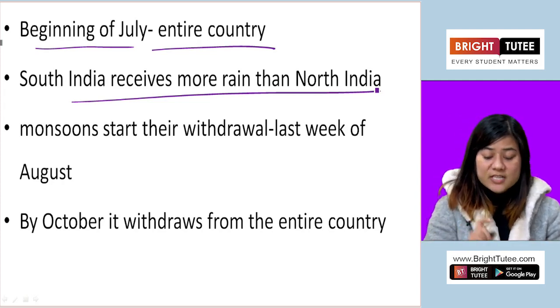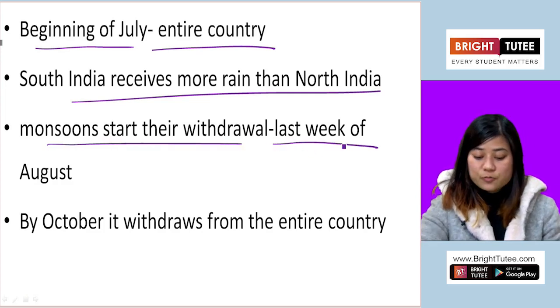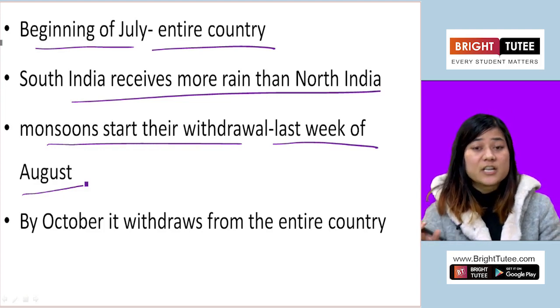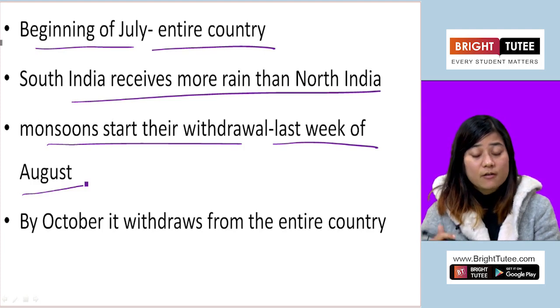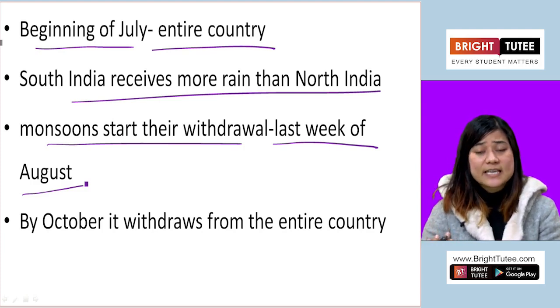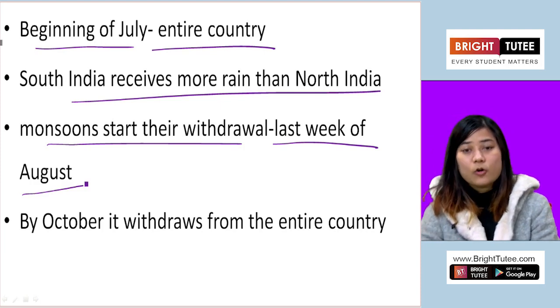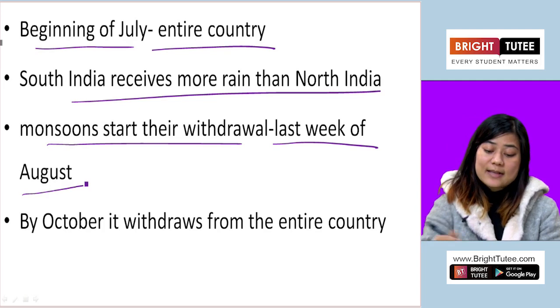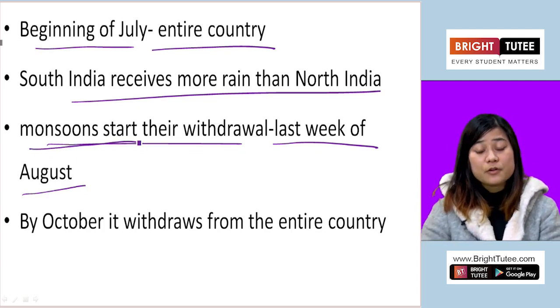This withdrawal of monsoon starts from the last week of August. That is when we stop having rainfall, and we say that is the end of the rainy season or the monsoon season. It's because that is the time the monsoon begins to withdraw, begins to retreat.